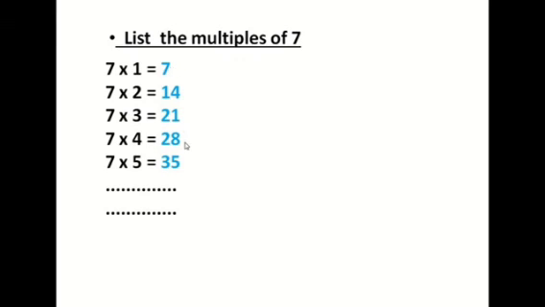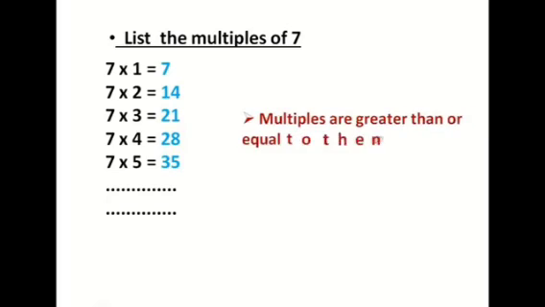Here I have discussed two important points. The first point is that multiples are greater than or equal to the number. As an example, I have taken the number 7. You can try with any number and you will find that all the multiples you get are either equal to the number or greater than the number.